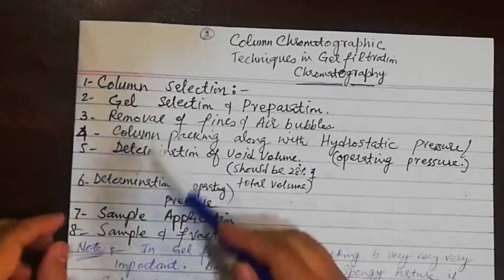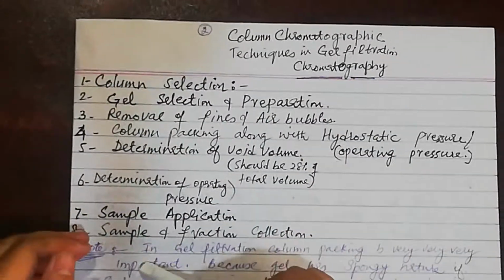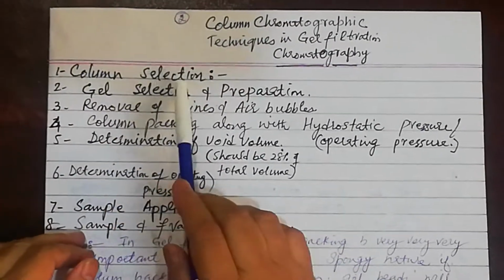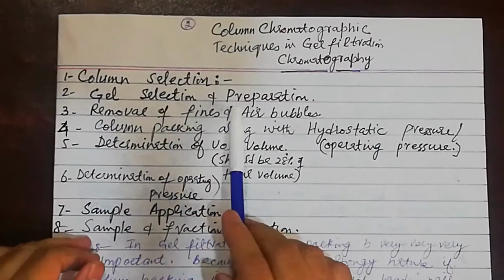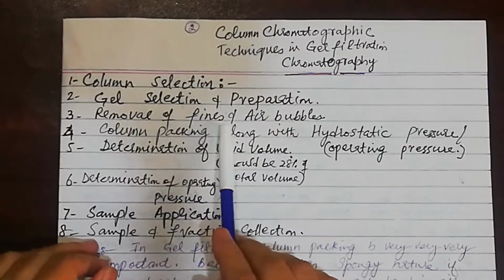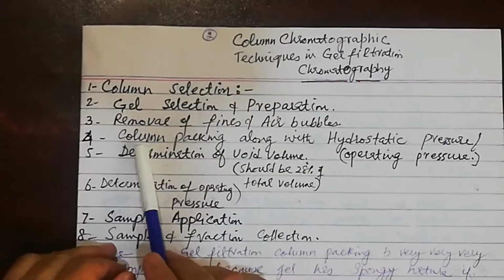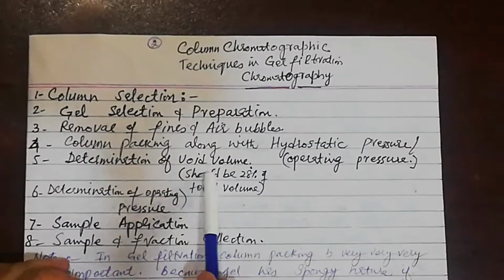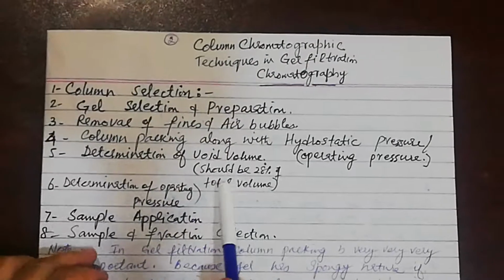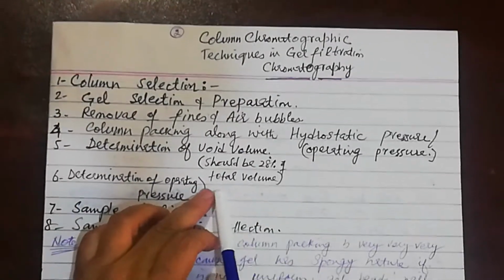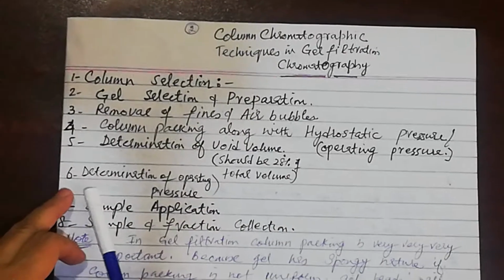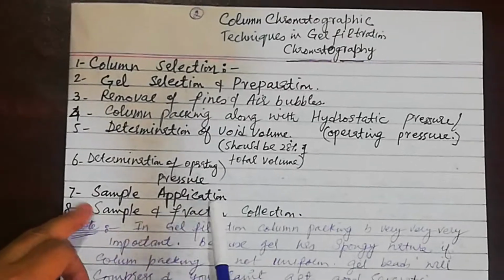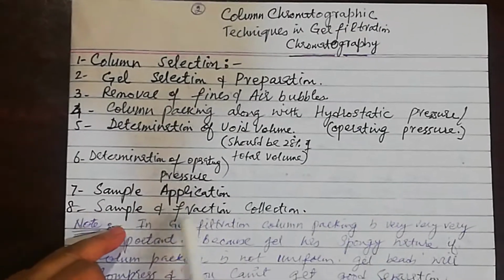First we consider the criteria: first is column selection, second is gel selection and preparation, third is removal of fines and air bubbles, fourth is column packing along with hydrostatic pressure, then determination of void volume, which should be 28% of the total volume of the gel, then determination of operating or hydrostatic pressure, and sample application and fraction collection.